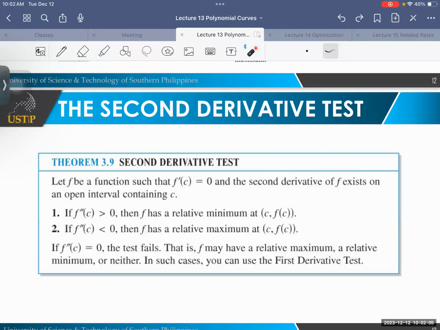Your second and first derivative tests are not contradictory. Given that your f prime of c is 0, adding to that the earlier condition, if you get 0 for the first derivative at that point and also 0 for the second derivative at that point, the test fails. It should always be either a positive or a negative value.